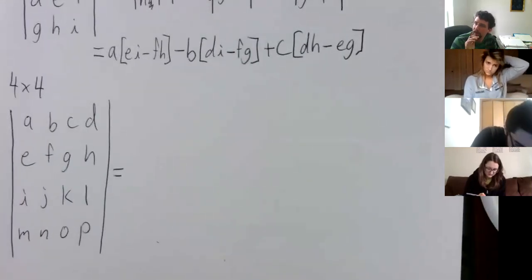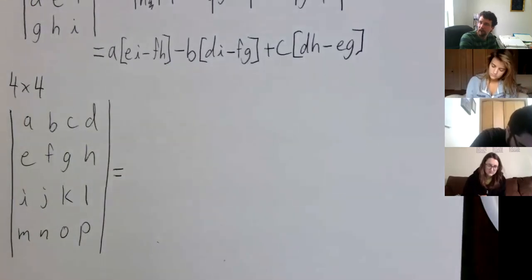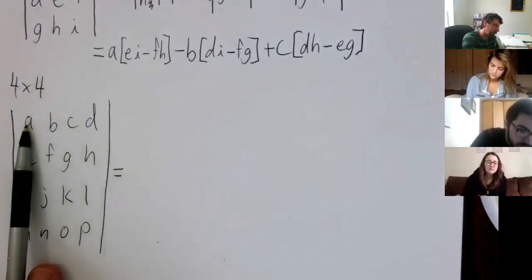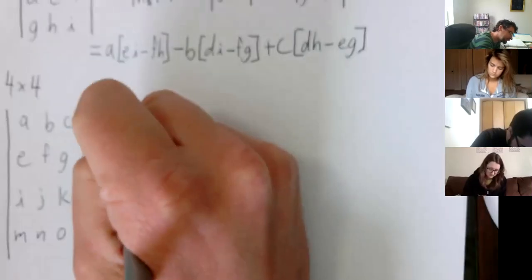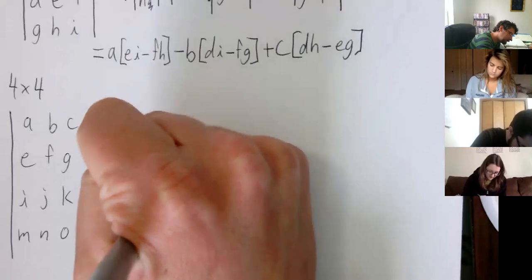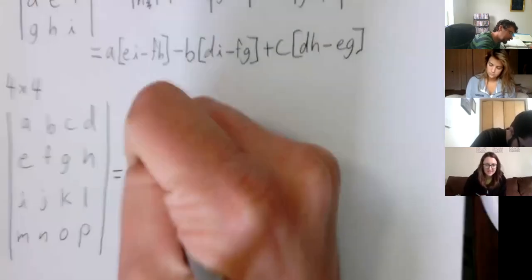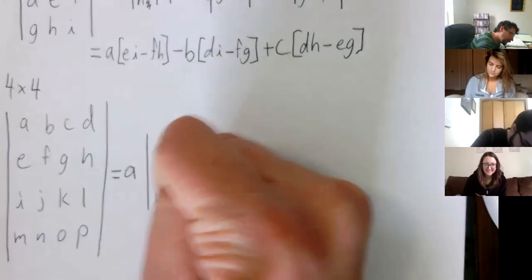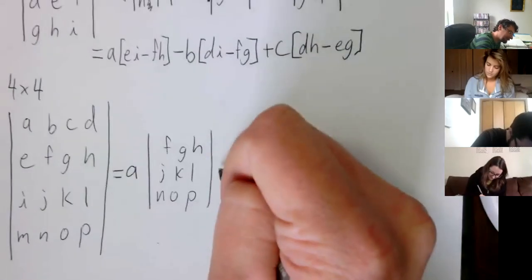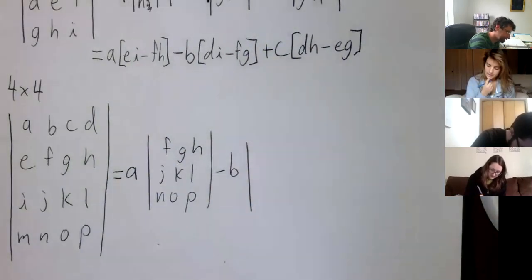We select something in this row and we ignore the column of whatever term we selected. So let's start with A. Would it be FGH? Yep, FGH. What comes next? JKL on the bottom? Yep, NOP. Okay, what comes next? Minus B, yep. GH.